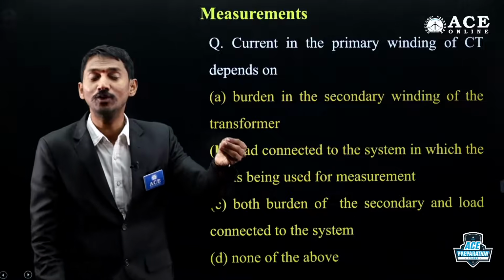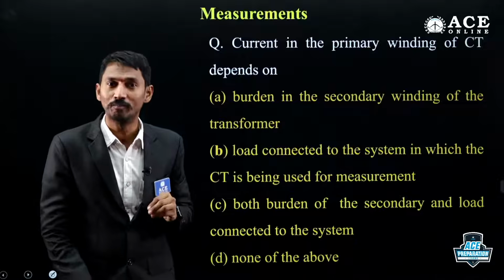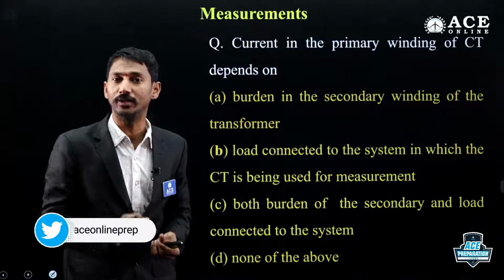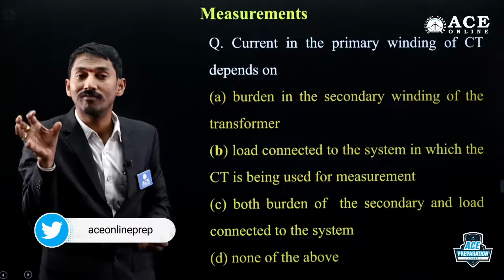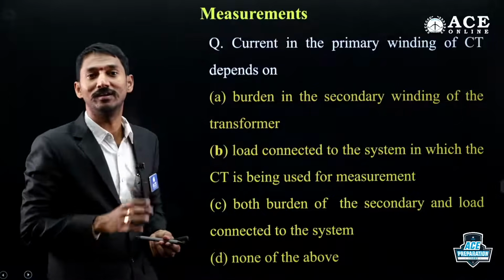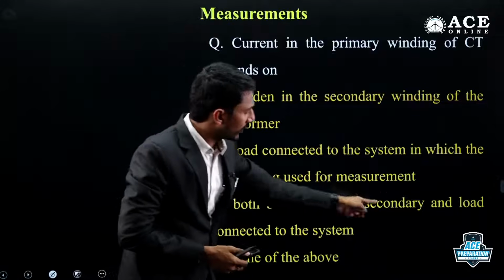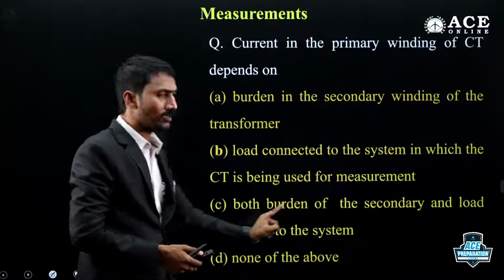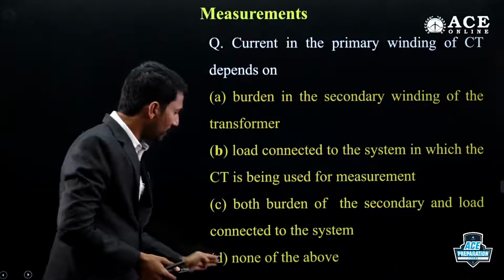Wherever you want to measure the current, there we are using the CT. So whatever circuit we are using for measurement purposes, the load current there will give the primary current of CT. That is correct. Both burden of the secondary and load connected to the system, no, burden is not playing any role, and none of the above.